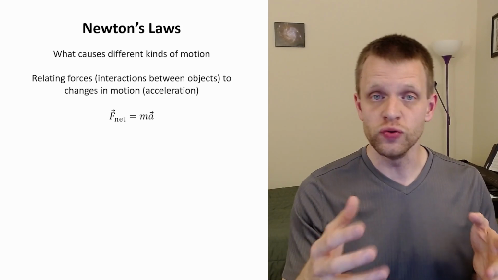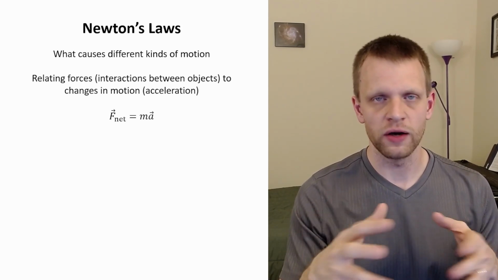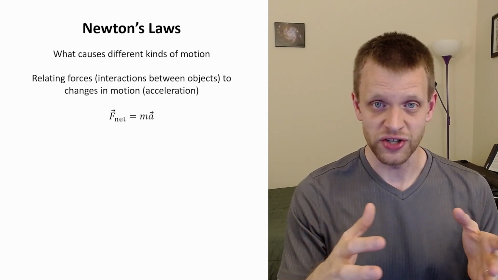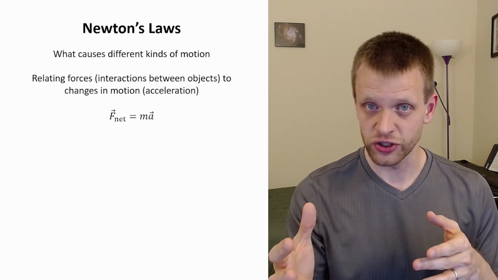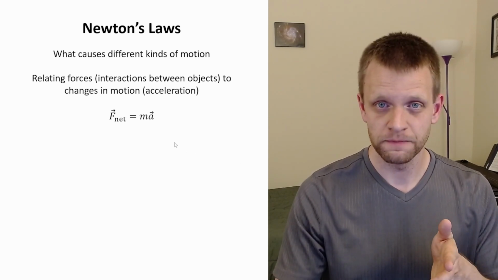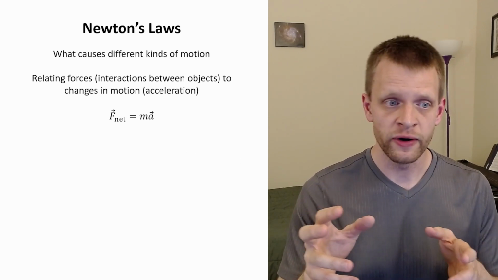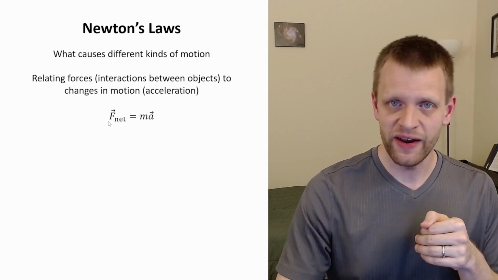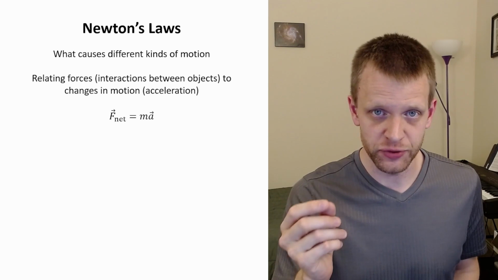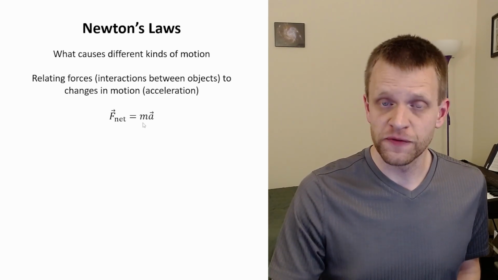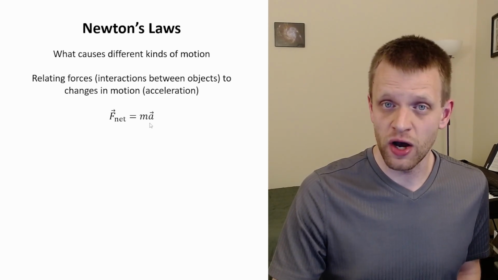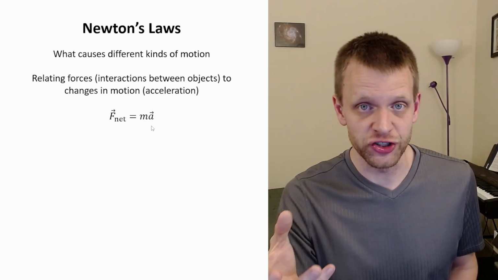So this is Newton's second law, at least Newton's second law in the case where the mass of the object is constant. There's a little bit more of a fundamental version of this, but if the mass is constant, then we can use this equation. So the key idea here is that if I can add up all of the individual physical forces acting on an object, and those forces are acting on an object of a certain mass, that's going to cause this object to have a certain acceleration.